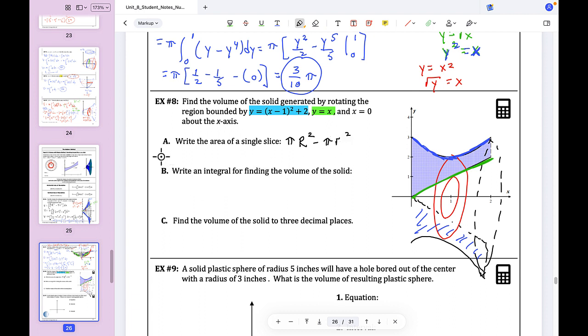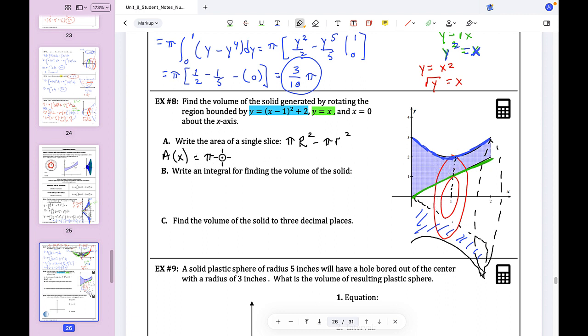Sometimes you'll see free response questions that are worded like this. So the area equals pi, the big R, which goes all the way up top to the parabola.